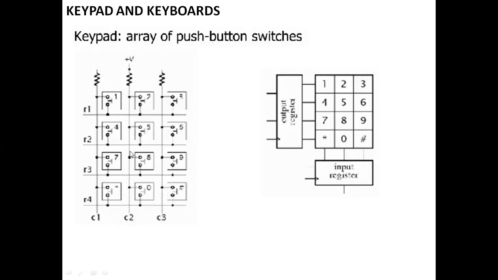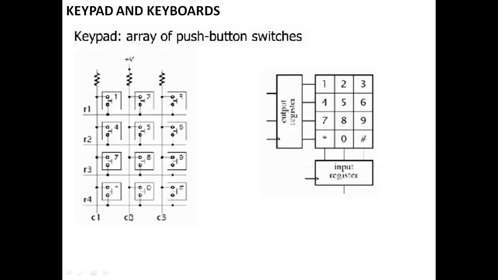If any key is pressed, for example key 5, which is on row R2 and column C2, then the connection through row R2, column C2 and switch 5 will be established. So this C2 column will be pulled low.